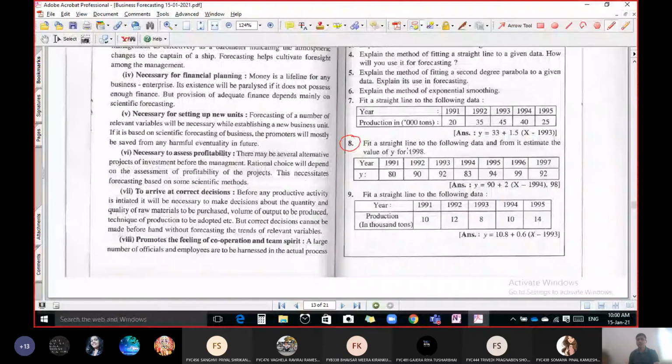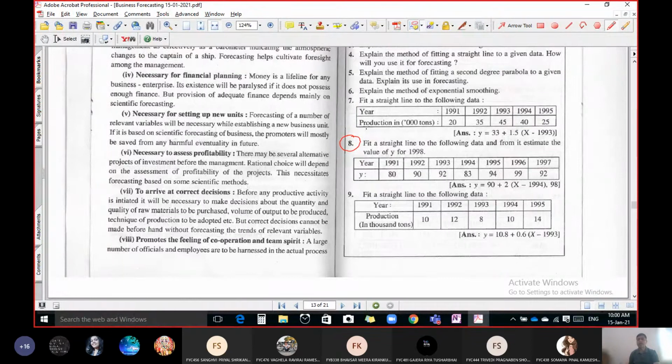Fit a straight line to the following data and from it estimate the value of y for year 1998. So we have a data for year 1991 to 1997 regarding something. That something is here denoted by y.